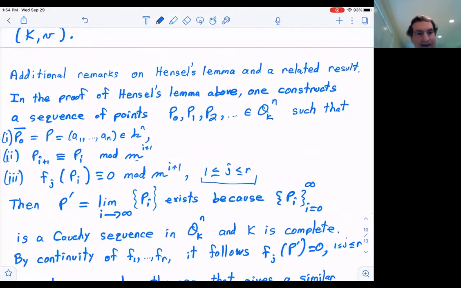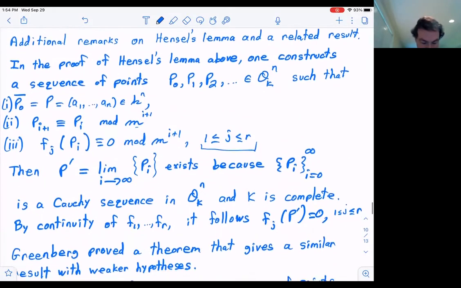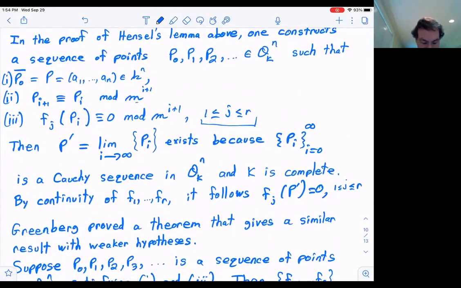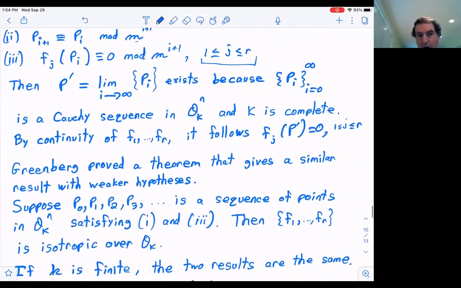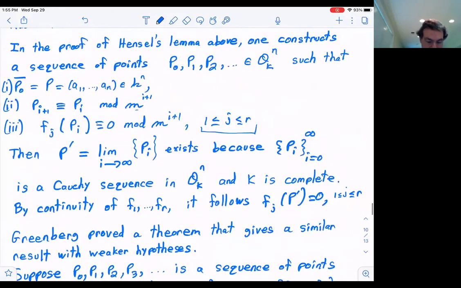Well, what's interesting, Greenberg proved a theorem that gives a similar result with weaker hypotheses, which I want to mention. Suppose we have almost the same situation. Suppose P0, P1, P2, P3 is a sequence of points satisfying 1 and 3.